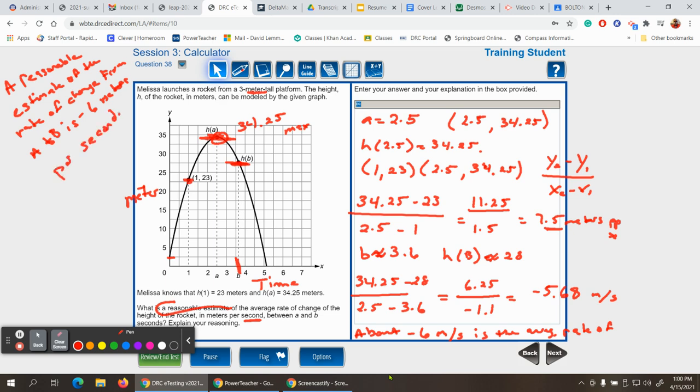Okay? So you need to, all right, so it says explain your reasoning. You need to show your work. So you got to type all this in. You'll have to type all this in, okay? And then you will have this.